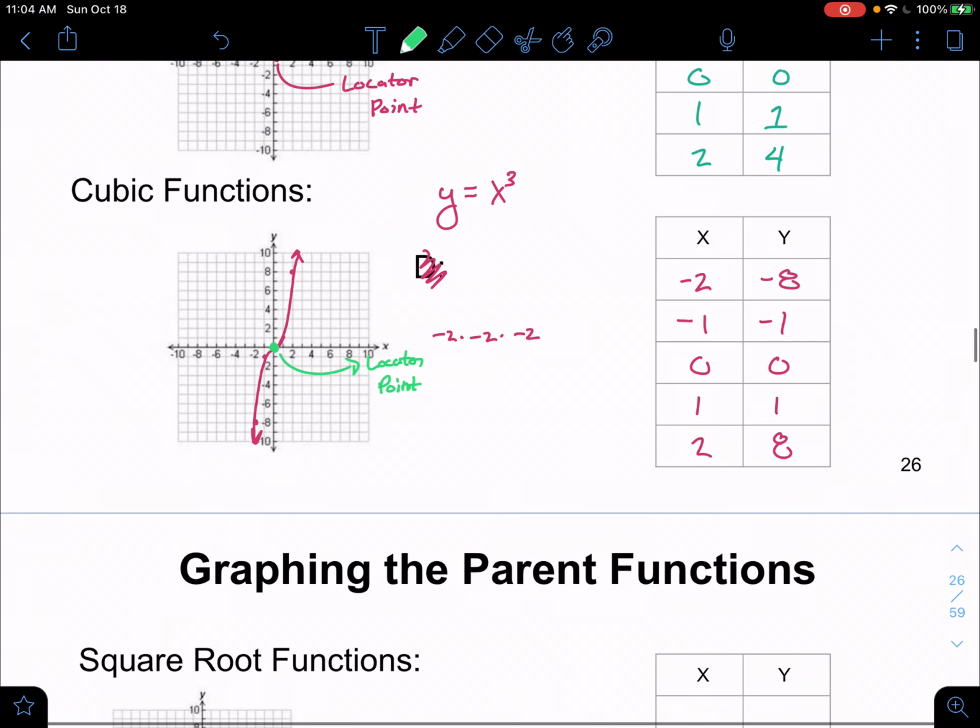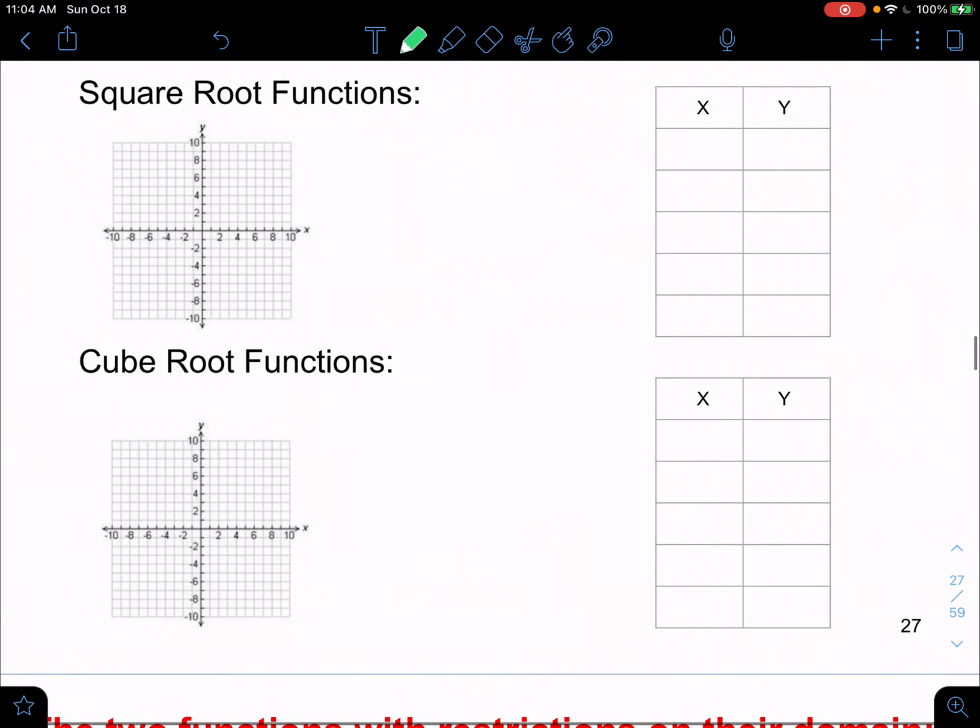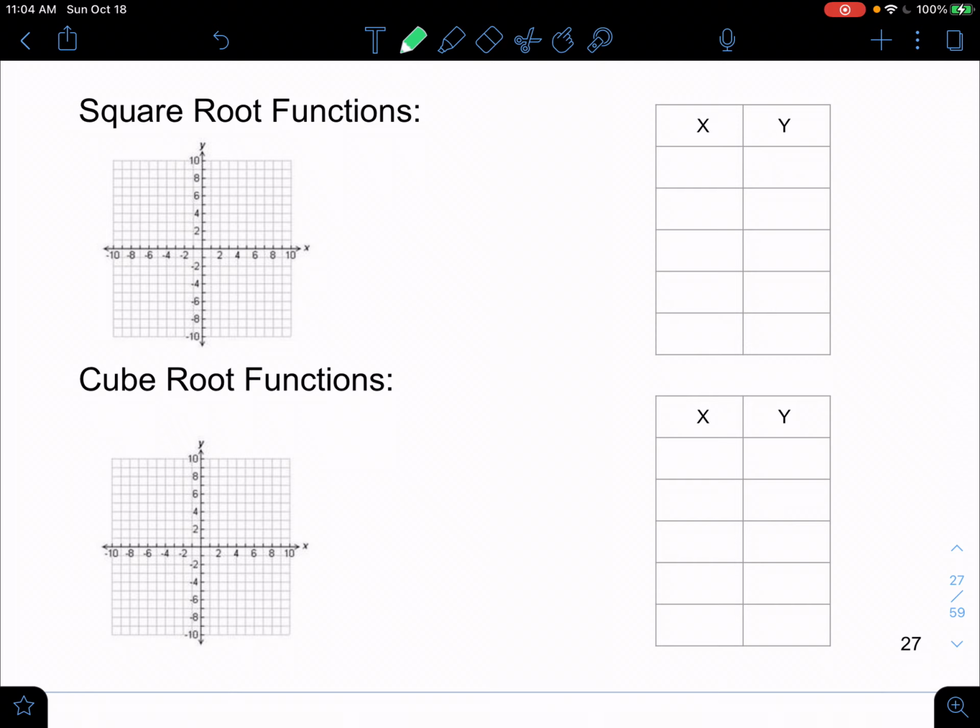The last two functions we are going to talk about are the square root function and the cube root function. Now, to look at the square root function, this is where we have to think a little bit in terms of our inputs. So for our square root function, y is equal to the square root of x. What we know is that there are only certain numbers that when we plug them into the square root, we will get a nice number out. So we need to be careful in picking our inputs.